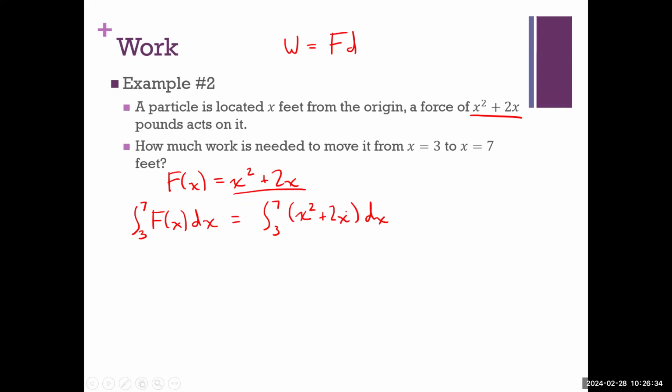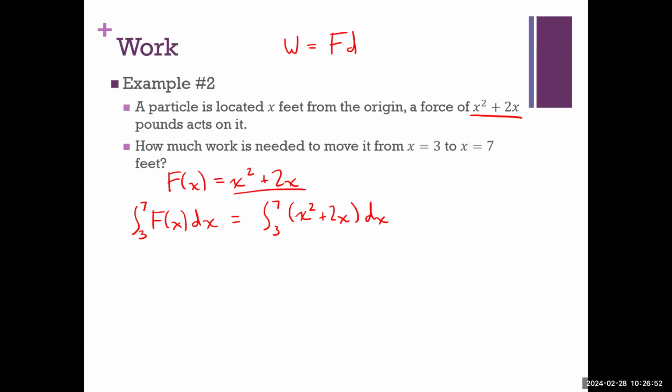So I'll pause here. What questions do we have about where this integral came from, how we set it up? Or if we're okay with it, can we compute it?